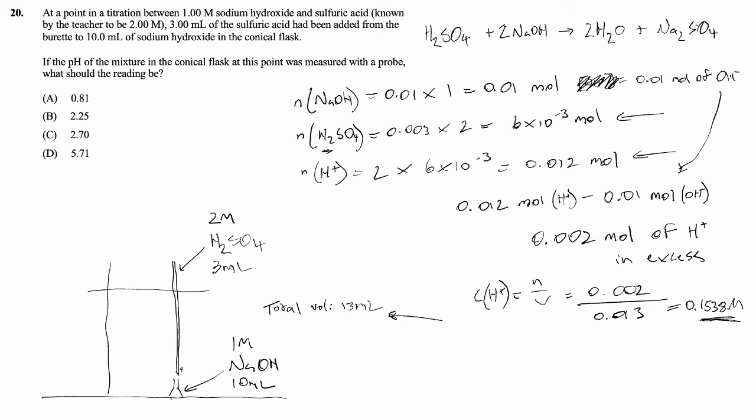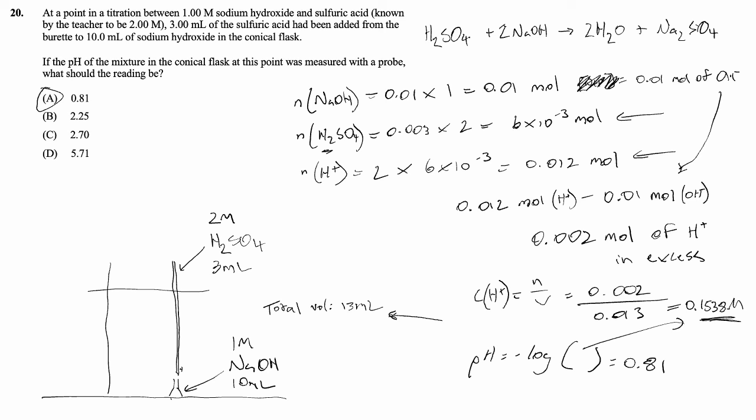That's our concentration of hydronium ions, or H+. Next step, pH, and this is our last step, is the negative log of that, which equals 0.81. Okay, so the answer to this question is A. 0.81 is the pH of this mixture in the conical flask.